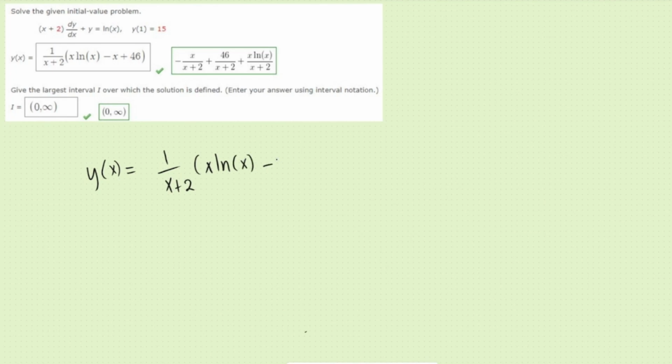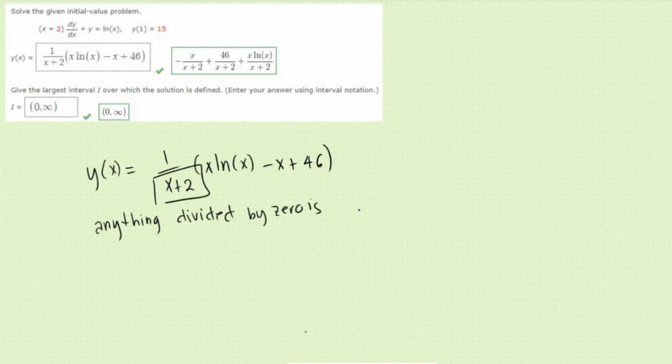So there should be some restriction over here: this denominator x plus 2. Anything divided by 0, you remember, is undefined.